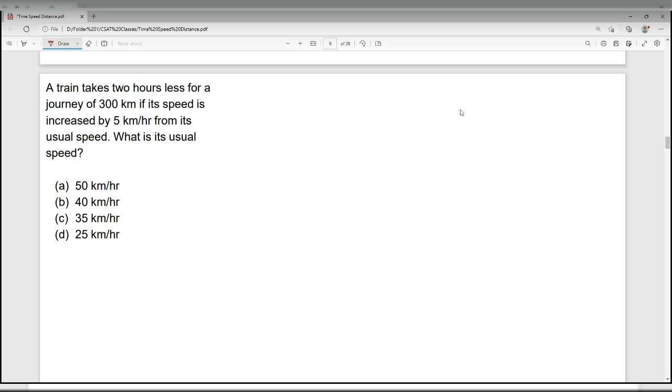What they're saying is that a train takes 2 hours less for a journey of 300 kilometers if its speed is increased by 5 km per hour from its usual speed. What is its usual speed? So we have to find the usual speed.